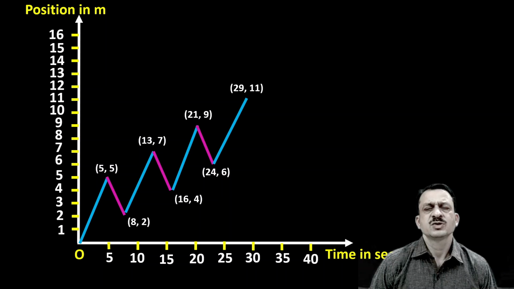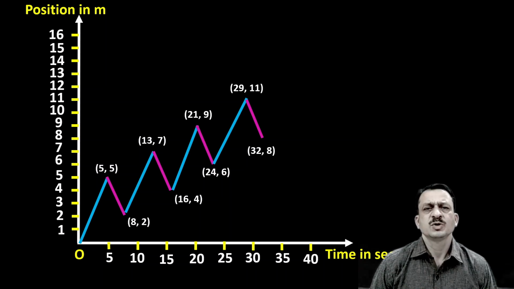So time is 24 plus 5, it is 29, and the position is 6 plus 5, it is 11 meters. From 11 meters, he is stepping backward. So 29 plus 3, it is 32, and the position is 11 minus 3, it is 8.